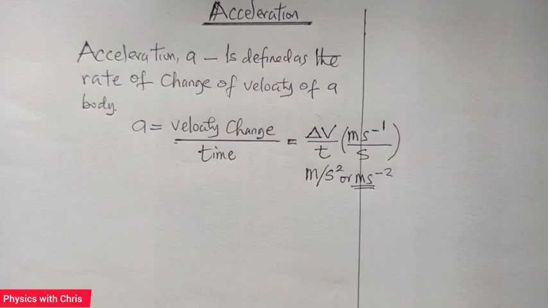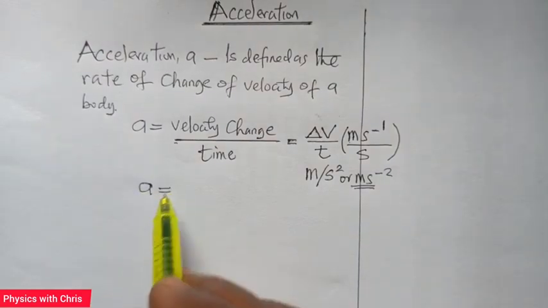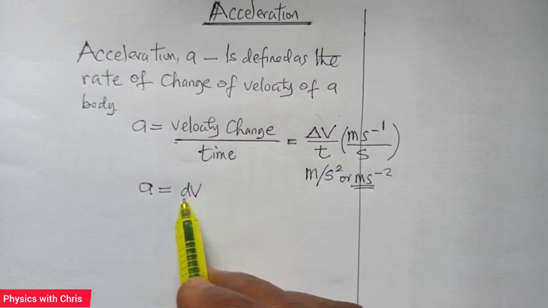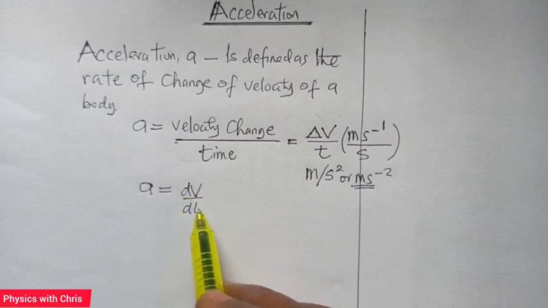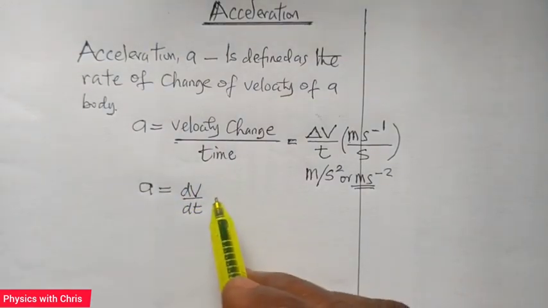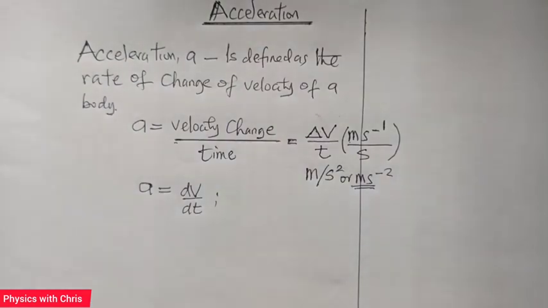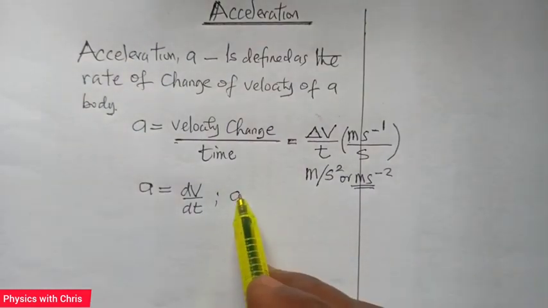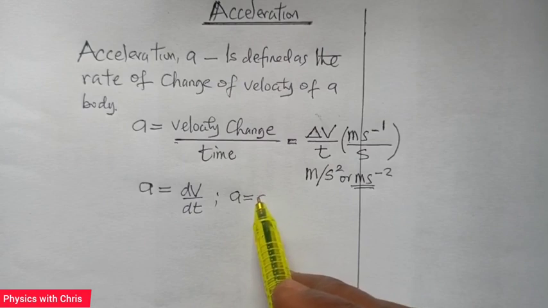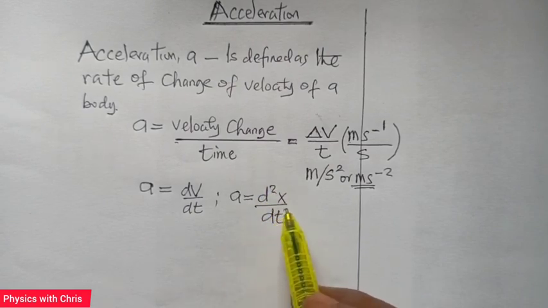Now, in differentiation or in calculus, acceleration is also seen as the first derivative of the velocity of a body with respect to time, dv over dt, or in terms of position or displacement, acceleration is given as the second derivative, d squared x over dt squared. Don't bother yourself about this.